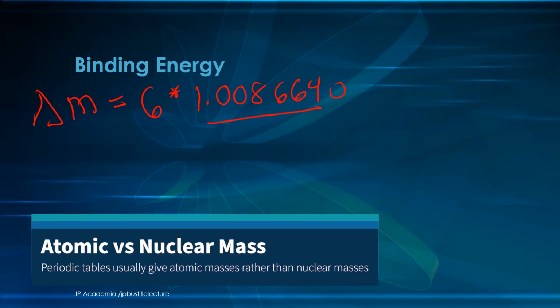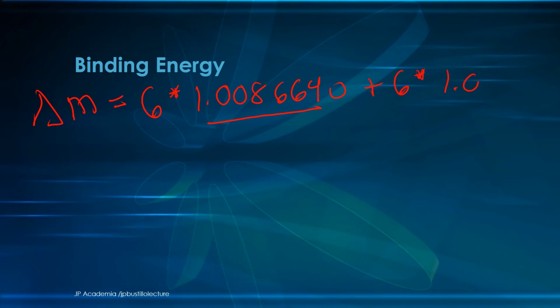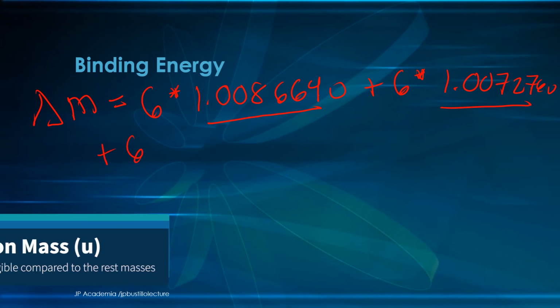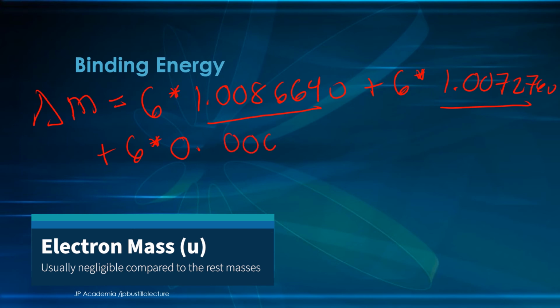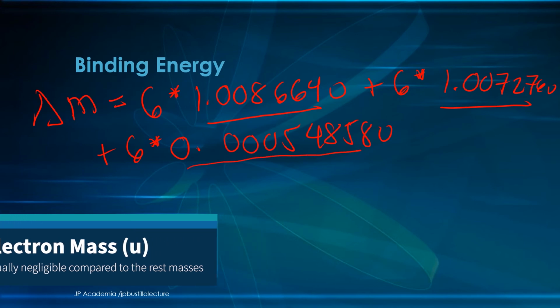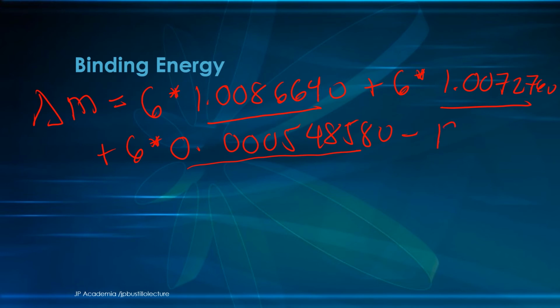The mass defect is equal to 6 times 1.008664 u, which refers to the mass of the neutrons, plus 6 times 1.007276 u, which refers to the mass of the protons, plus 6 times 0.000548858 u, which refers to the mass of the electrons, minus 12.000 u, which refers to the mass of carbon-12.